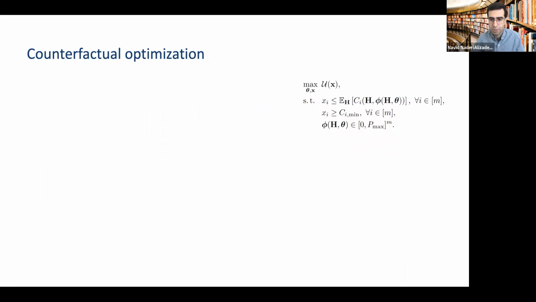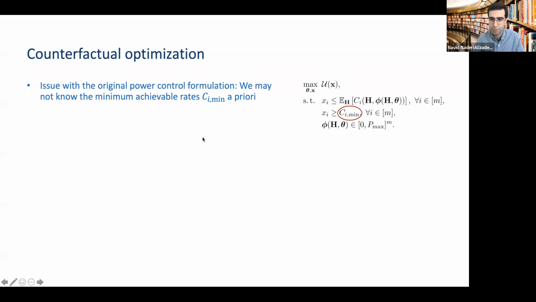Okay, so back to the optimization problem. We use a counterfactual optimization framework to optimize this. First I want to point out the minimum capacity constraints that we have here. The main question is that we don't really know how to set these minimum capacity constraints, right?